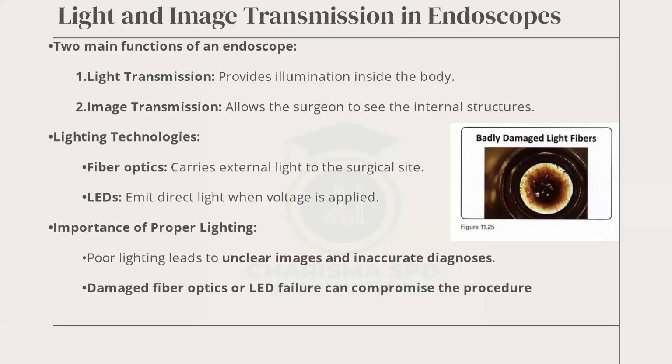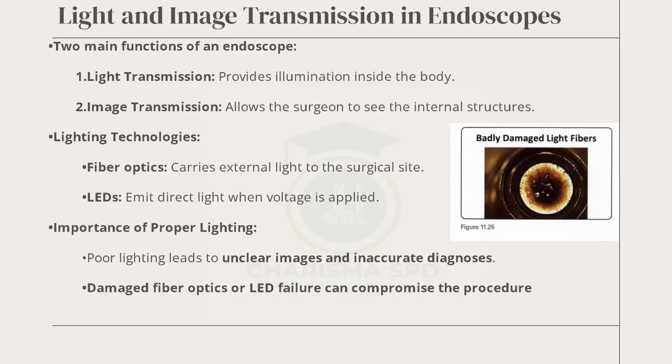And the lenses in the scope produce the image on the monitor that you can visualize. So light transmission provides illumination in the body, and the image allows the surgeon to see the internal structures of the body.